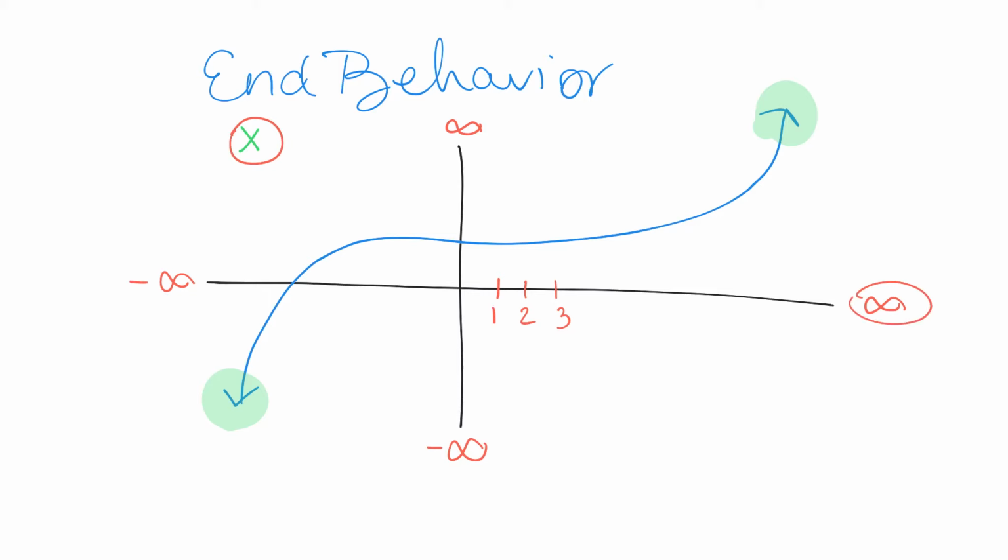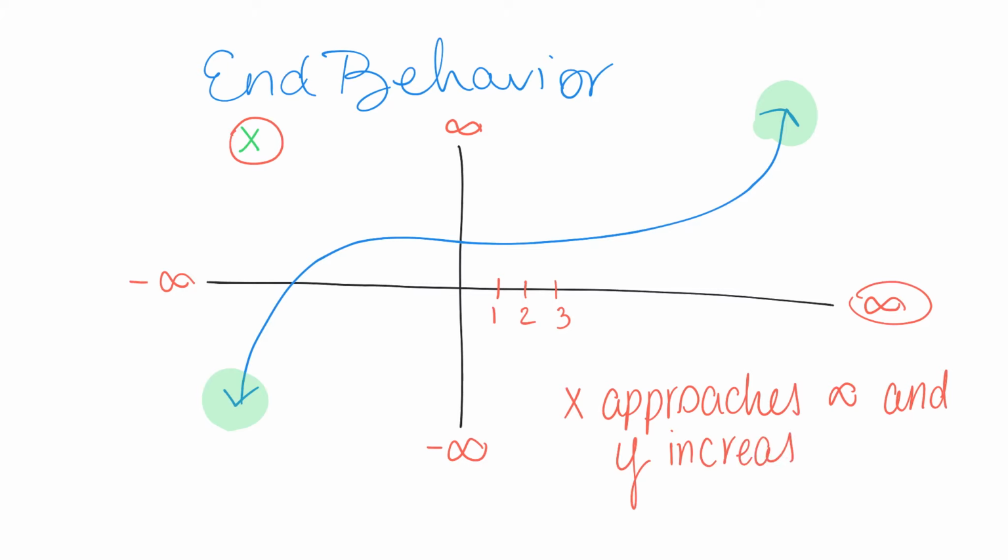So we kind of write that as a sentence. We can say x approaches infinity, and y is doing what? What's our function doing? Our function is increasing.